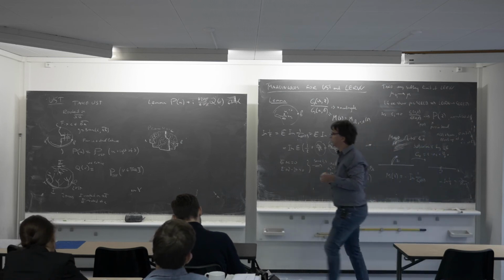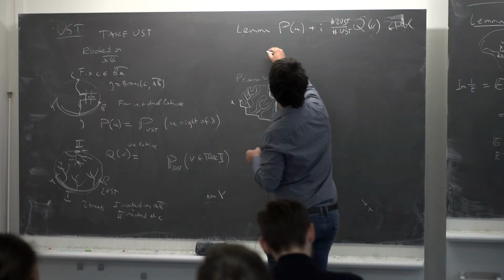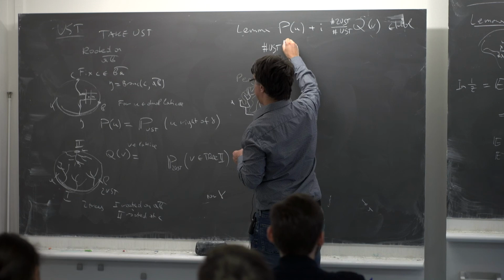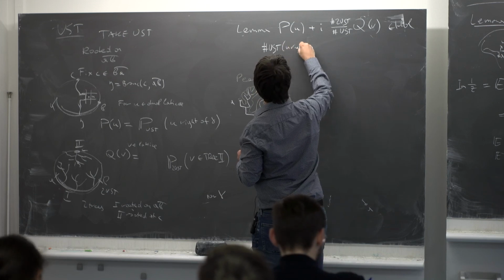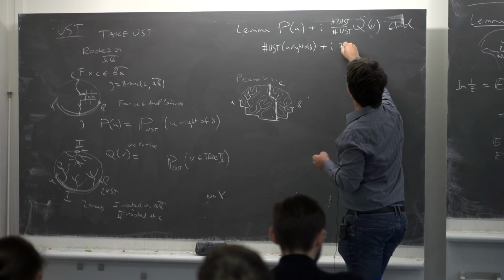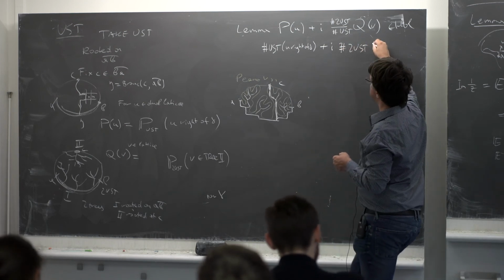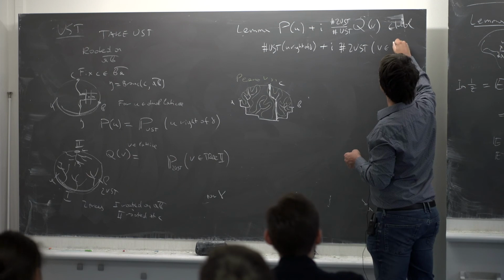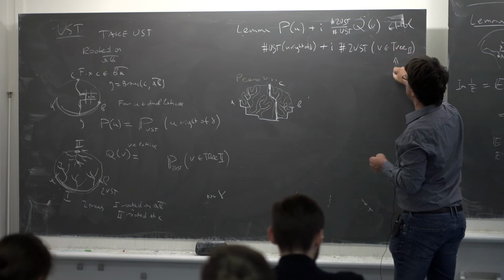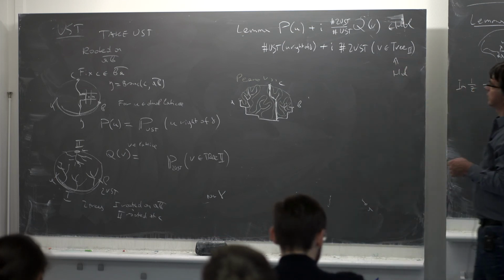So the equivalent thing is the following function: the number of USTs where u is right of gamma, plus i times the number of these forests where v belongs to tree number 2. So this is a holomorphic function.